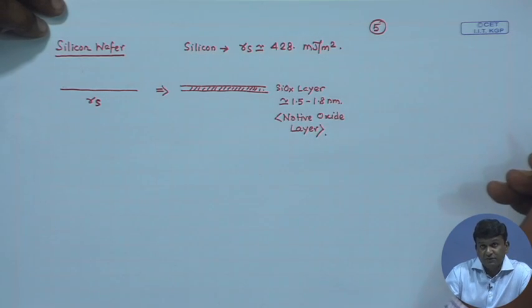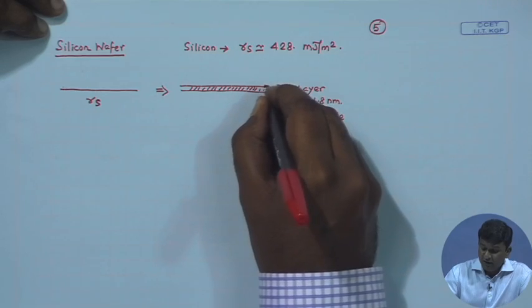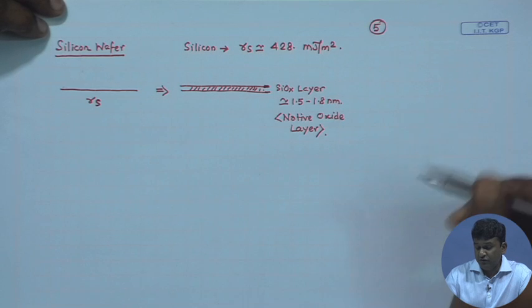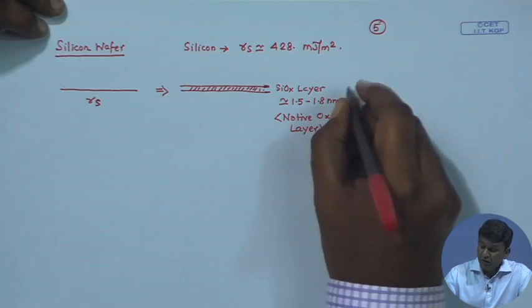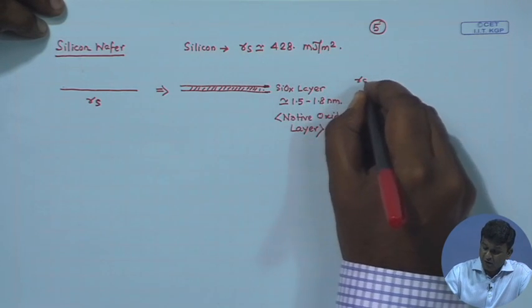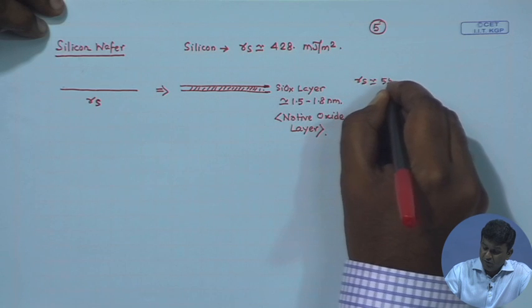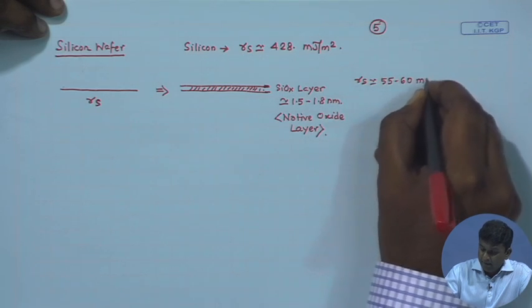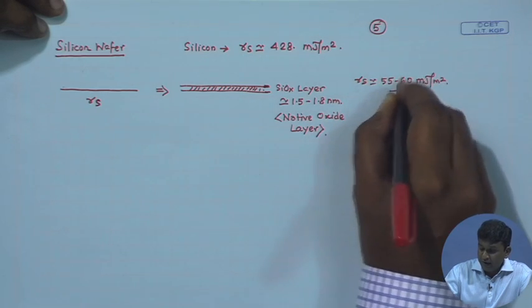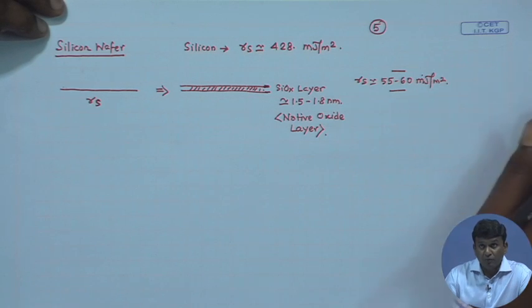And what is the consequence? Why does this layer form? In fact, if you now take a silicon wafer in your laboratory and try to measure its surface energy, you will always get gamma s of the order of 55 to 60 millijoule per meter square. So, there we go.